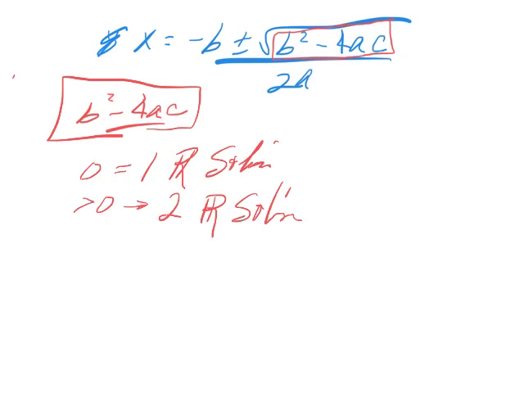If our number is less than 0, or if we get a square root of a negative 3, we get a negative radical, we get 2 complex or 2 imaginary solutions. Okay, so those are your options there. Middle of page 208 gives you a little purple box with what's going on there.